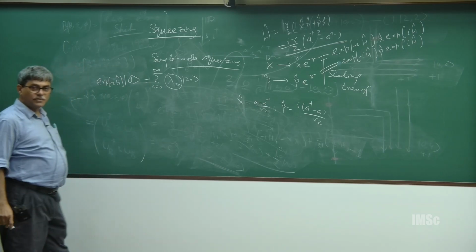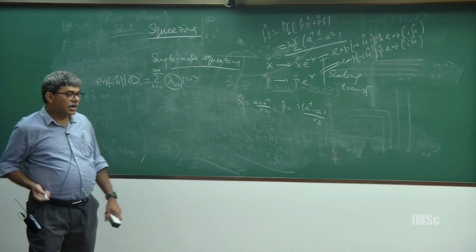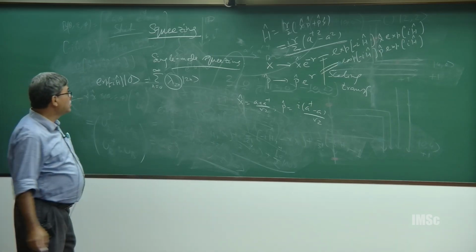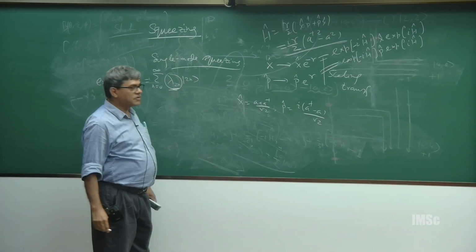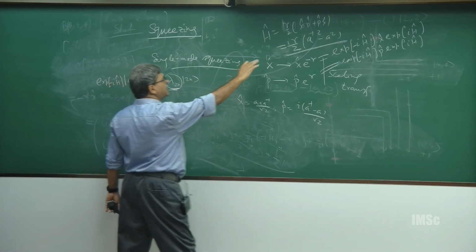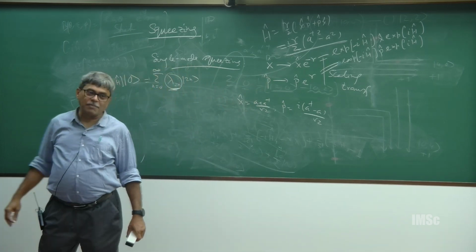So you will have only even Fock states. In principle you can figure out these coefficients. If you have a lot of energy, you can do it explicitly by taking the exponential, but that is a dumb way of doing it.